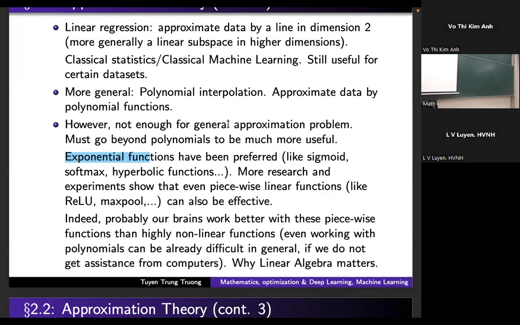Even just taking the square root of a number, if that number is not an integer, it's not easy for us to compute. So maybe that's the reason why, even just using ReLU or maximum, it's good enough. That's the conjecture. I don't know.